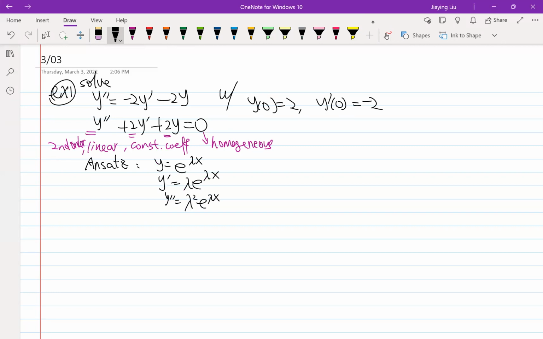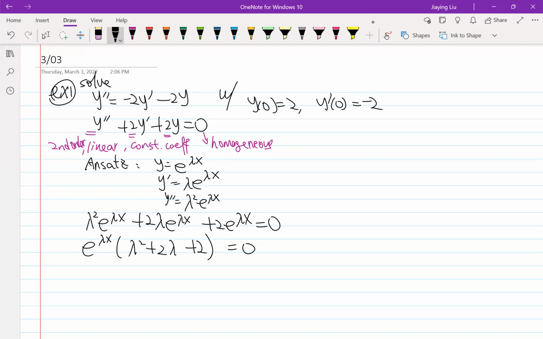Just take the derivative and put it into the differential equation: we have lambda squared e to the lambda x plus 2 lambda e to the lambda x plus 2 e to the lambda x equals 0. Then we can factor out e to the lambda x, which gives us lambda squared plus 2 lambda plus 2 equals 0.